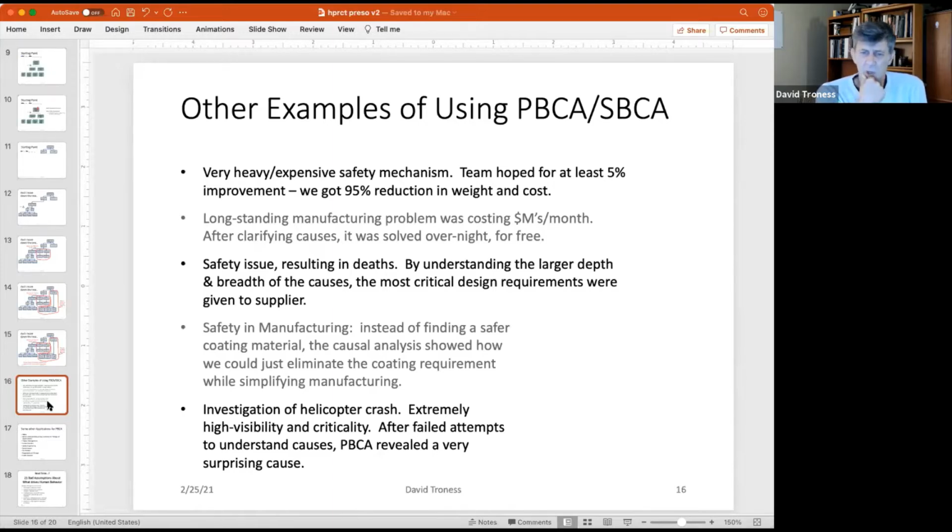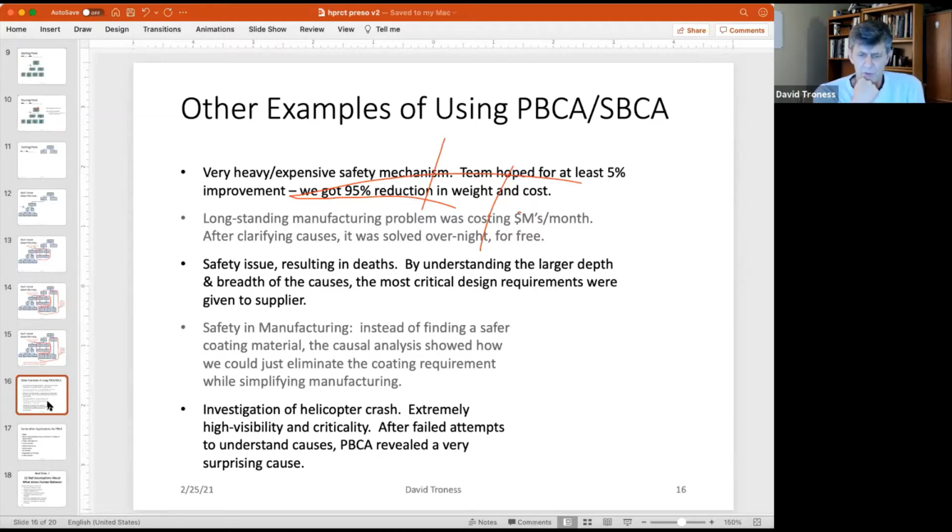And these, I know without going into the detail, it's probably hard to convey, but you know, my limitation here. I guess what I want to convey is how successful it's been for me and several of the people I work with. And then finally, investigation of a helicopter crash.